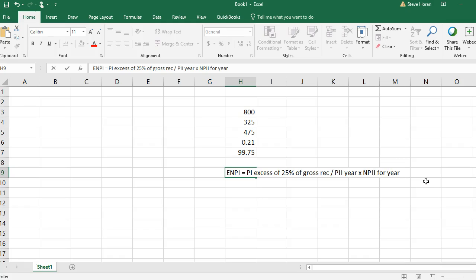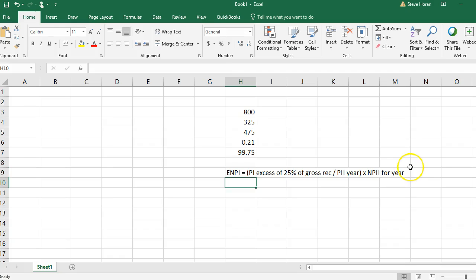So take your PII in excess of 25% of gross receipts, divide that by your PII for the year, and then multiply that whole thing by your NPII, your net passive investment income for the year. We should probably put some brackets right there to make it a little easier to understand.